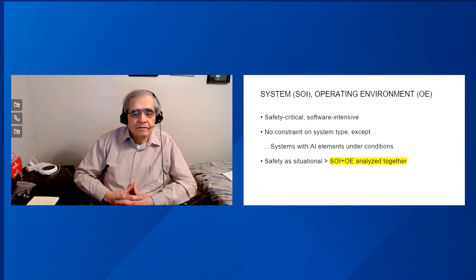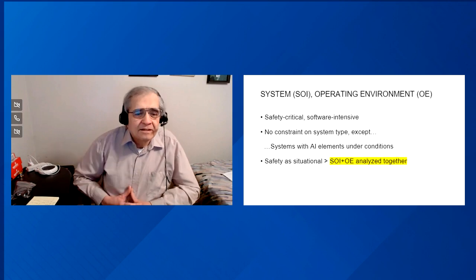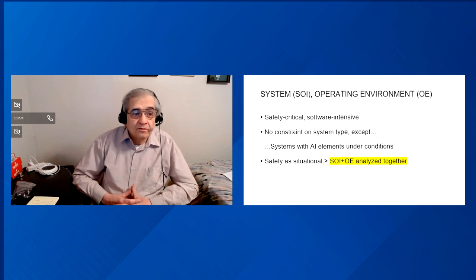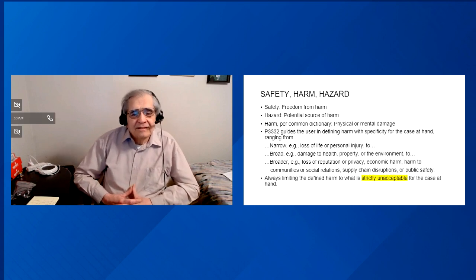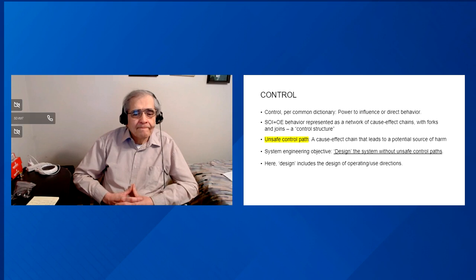There we go. Sorry, we went to the one more core entity, and that is control. For control, we start with the common dictionary definition: power to influence or direct behavior.